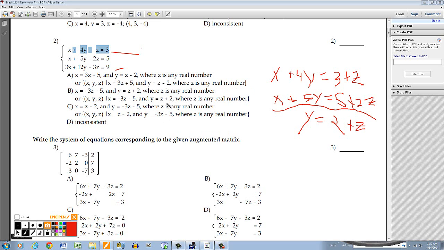So by process of elimination, I know that the answer is B for this one. I could substitute 2 plus z right here, where I have the y, and solve it for x, and I would get x is equal to minus 3z minus 5. Okay, so that's my solution.